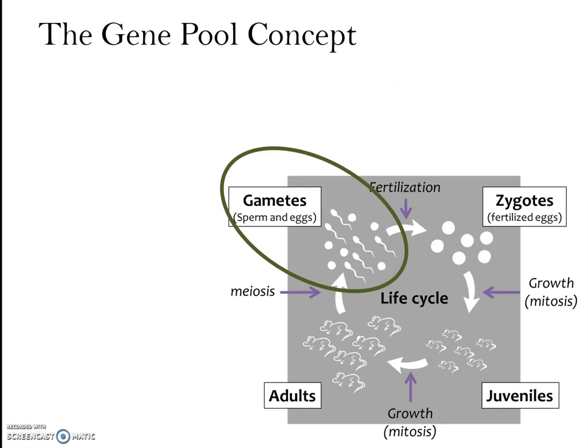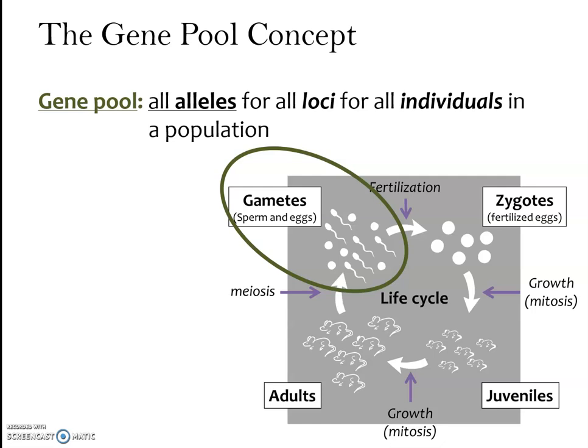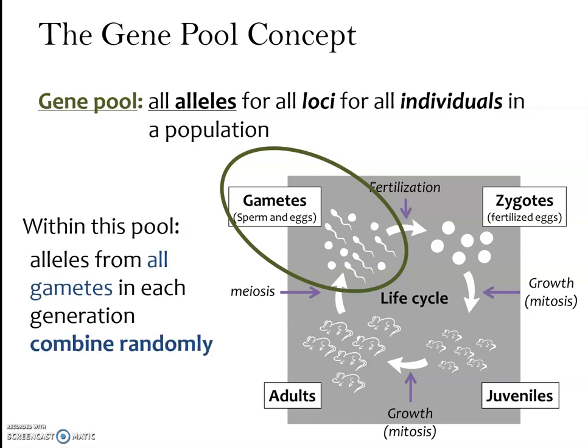Another concept we need to get out of the way, and I don't think this will be a total revelation for you, is this idea of a gene pool. You can think about this like a bag of beads, like we saw in lab. So the gene pool is all of the alleles for all of the loci for all of the individuals in the population. And for our purposes, we are going to assume that within this gene pool, fertilization or union of gametes is random.